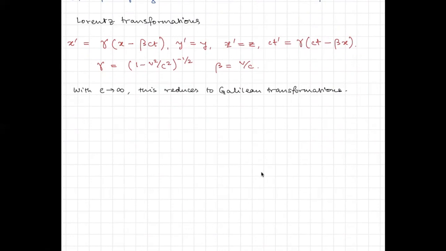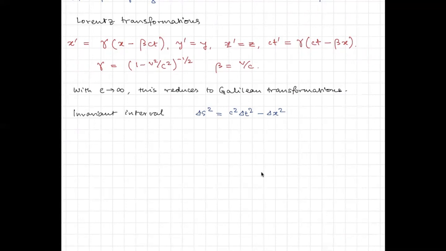The invariant interval is given by delta S squared is equal to c squared delta t squared minus delta x squared. And it's very easy to see this. Suppose you are in a frame S prime moving with a velocity along x with respect to another frame S.